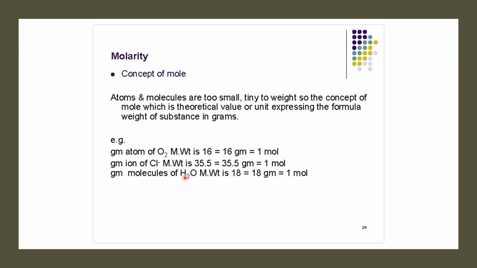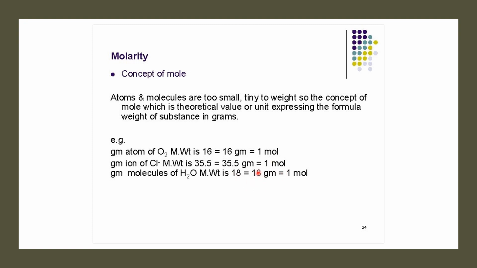A gram molecule of our water has a molecular weight of 18, because our oxygen has an atomic weight of 16, and our hydrogen has an atomic weight of 1. Since there are two hydrogen atoms, we add 1 plus 1, then add that to 16 to get a total of 18 as our molecular weight.